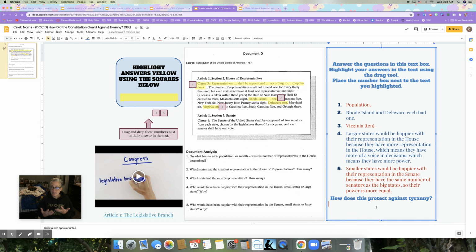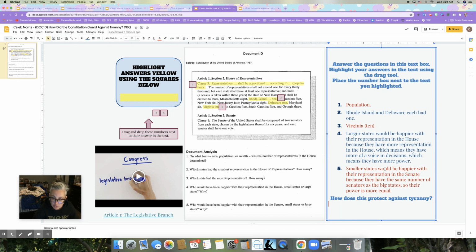So again, smaller states tend to vote the same, and if it were equal in the House, then they may take over those larger states. They may take the power away from the larger states. So that's why it makes it easy. The larger states have more of a voice and more power in the House, and the smaller states have more of a voice, more power in the Senate.